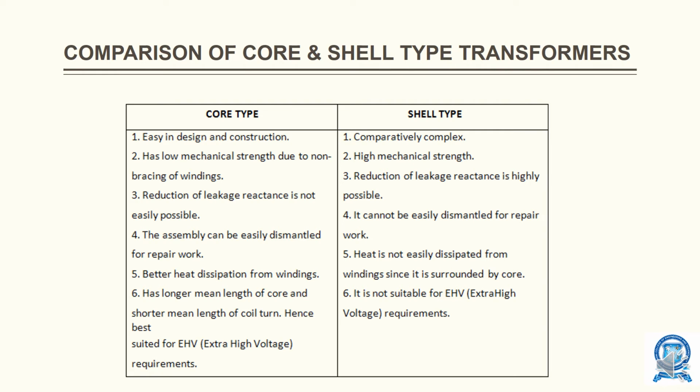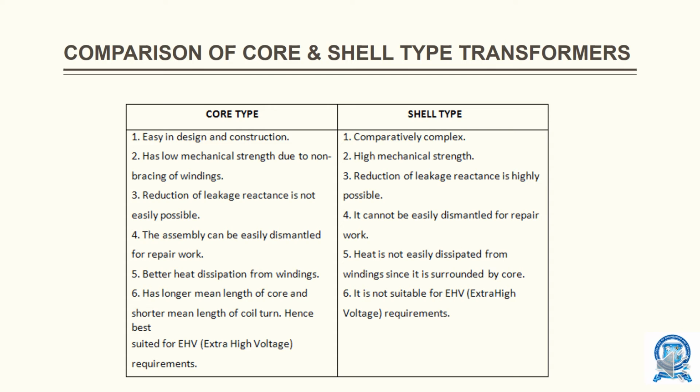In a core type transformer, reduction of leakage reactance is not easily possible, but in a shell type transformer, reduction of leakage reactance is highly possible. In a core type transformer, the assembly can be easily dismantled for repair work, whereas it is a little bit tough in a shell type transformer.